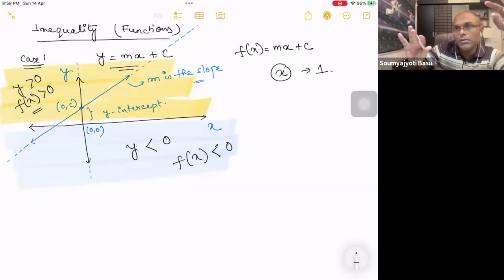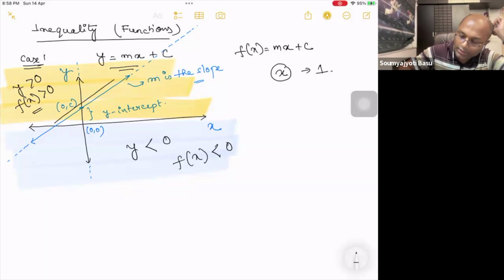And if you now look into this plot, this equation y is equal to mx plus c, anything on this side, starting from this point, the value of the function is more than 0. Anything below it, the value of the function is less than 0.